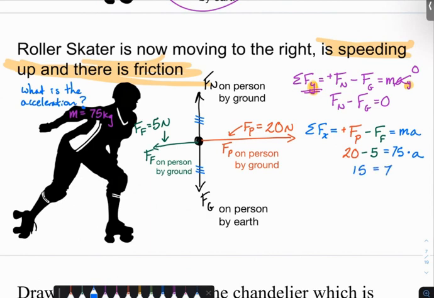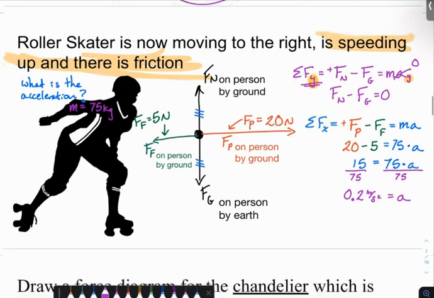And that's going to be equal to 75 times a. To get rid of the 75, I divide by 75 because it's multiplied. The opposite of multiplication is division. And I get 15 divided by 75. And so that means that my acceleration is 0.2 meters per second squared. And that's her acceleration.